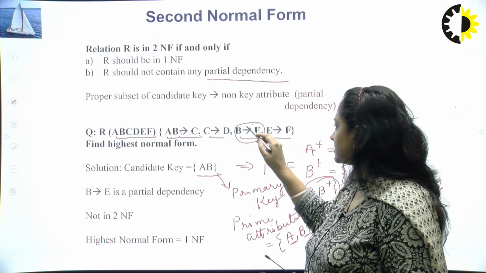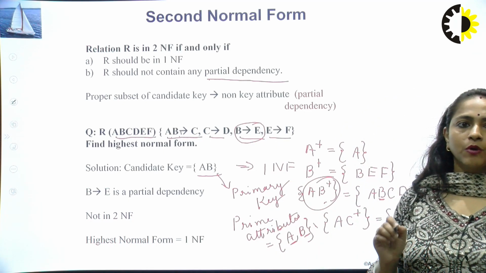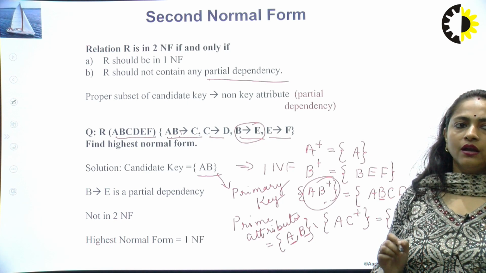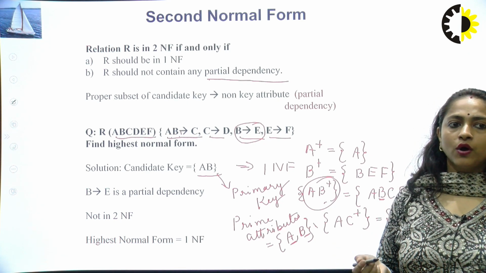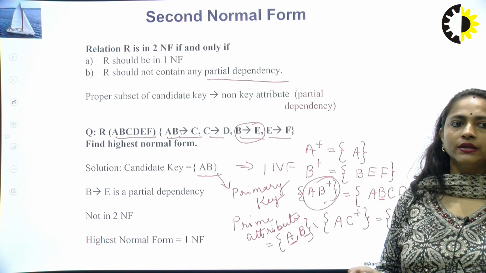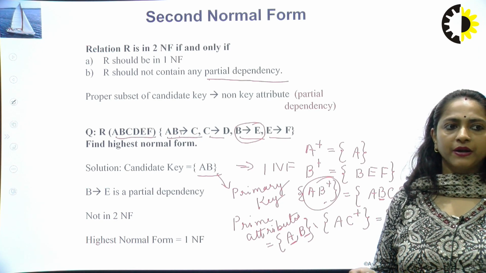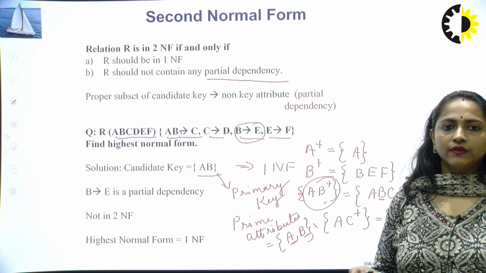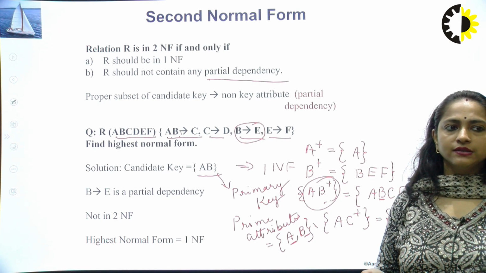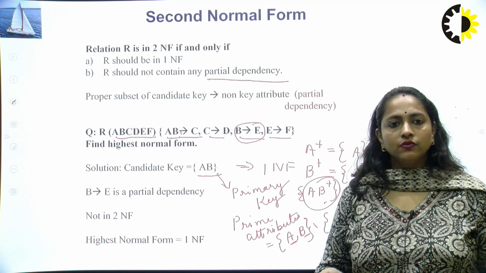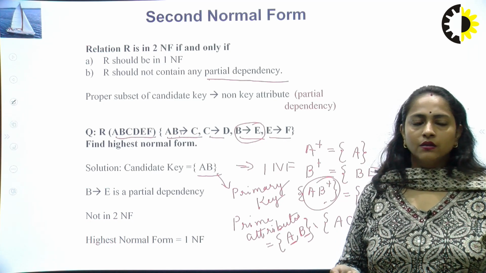So please check this: B implies E. B is a proper subset of the candidate key and it implies E, and E is a non-prime attribute, or non-key attribute. So there exists a partial dependency. Therefore, the given relational schema is not in second normal form. So the answer to this question is that the highest normal form is first normal form.